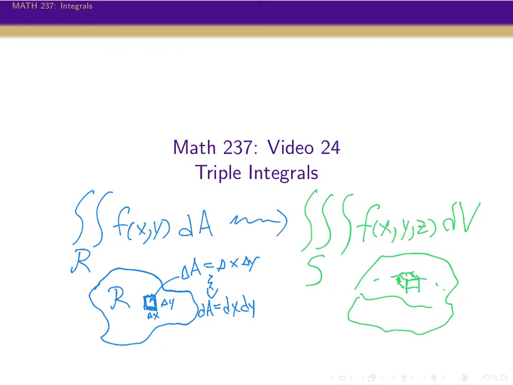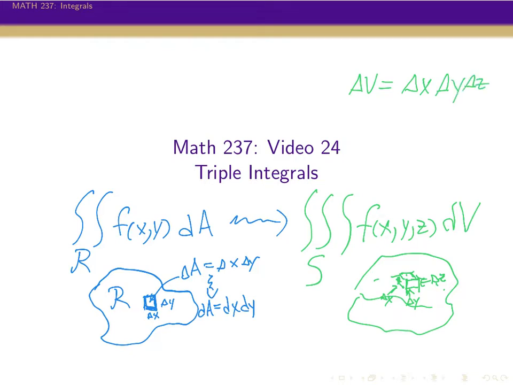Where the boxes are delta x, delta y wide, delta z high, and so our little bit of volume is the product of delta x, delta y, delta z.